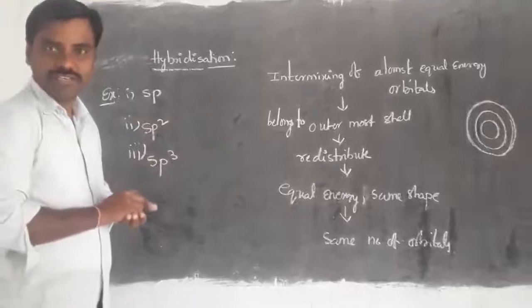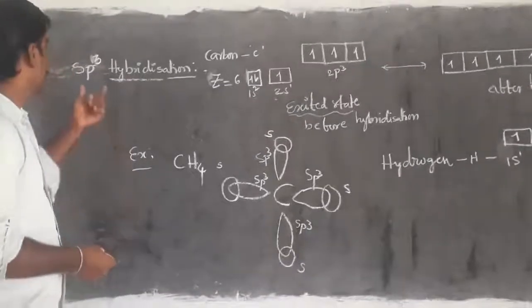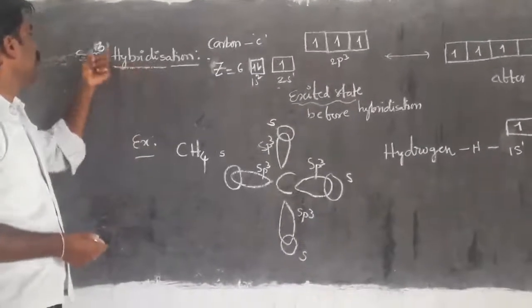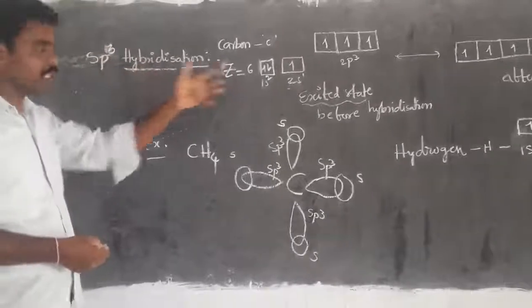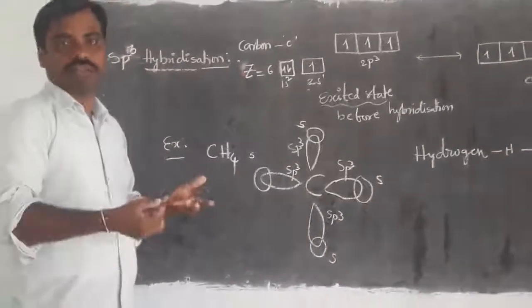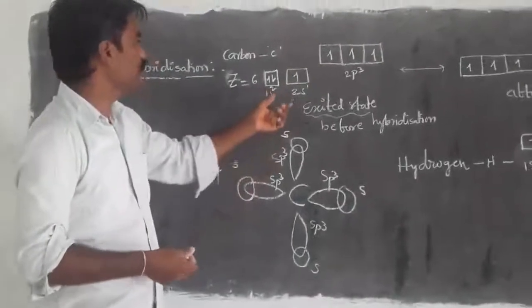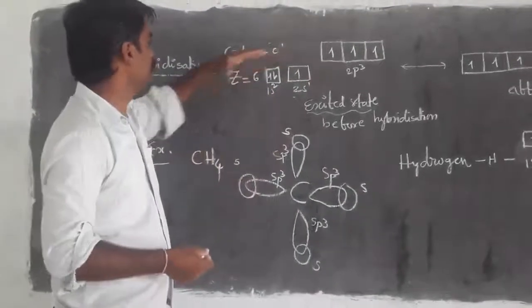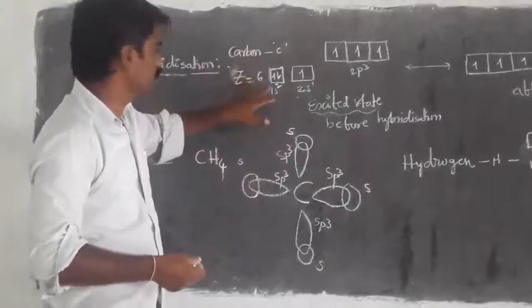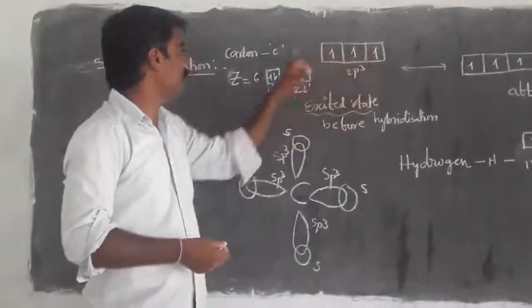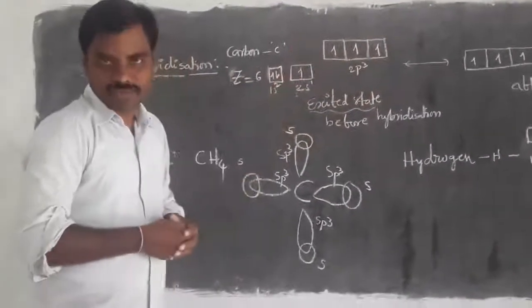Right, children? Now we discuss sp3 hybridization. Just before, we discussed what hybridization is, simply intermixing of orbitals. Now if you take carbon, it has atomic number 6. This is the excited configuration.